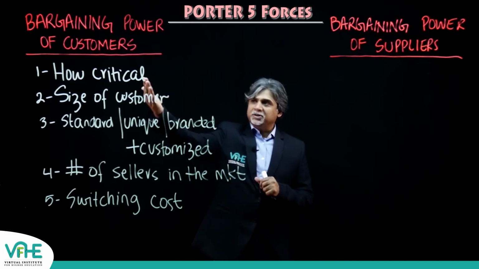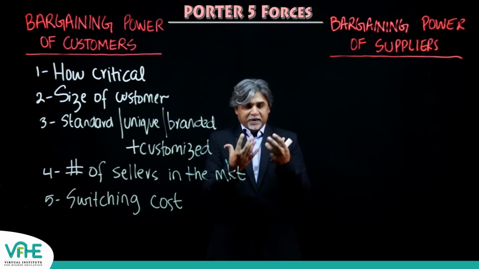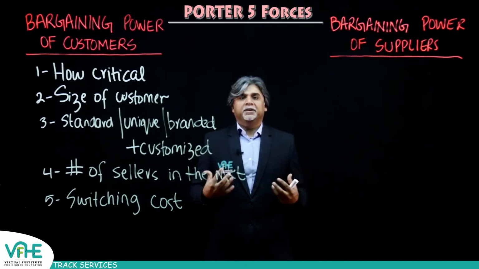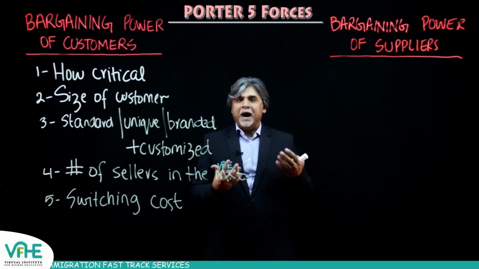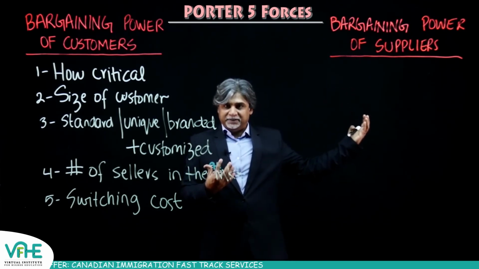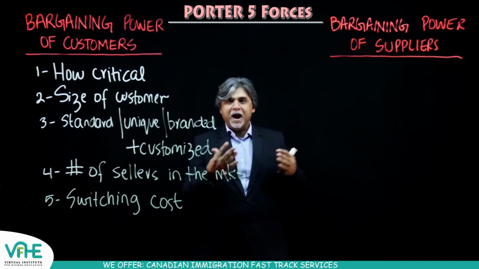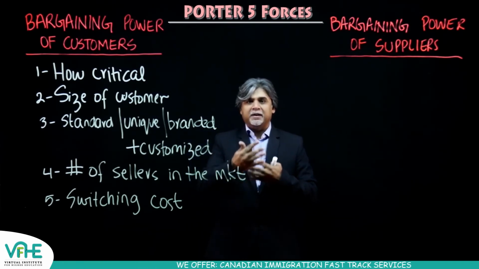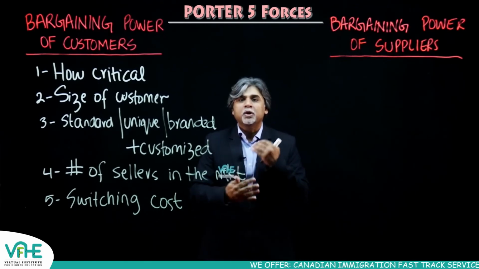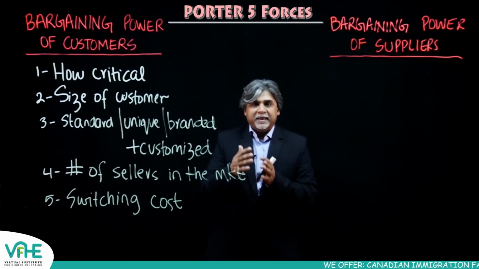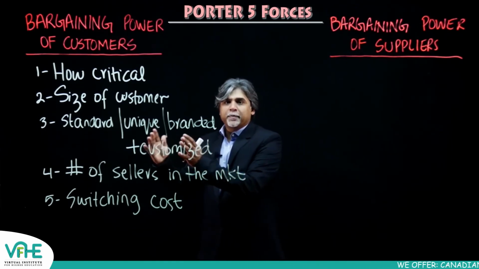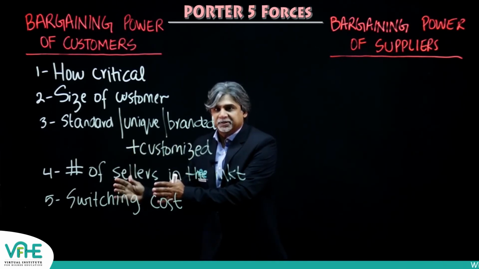And who are my customers? If I'm a corporate organization, I buy raw material from my suppliers, I process them and convert them into finished goods, and then I sell it off to my customers, right?